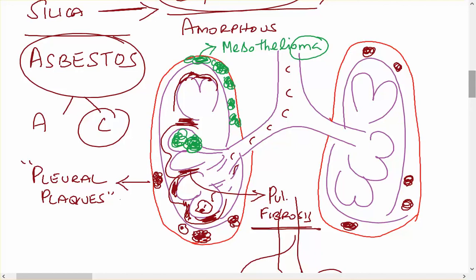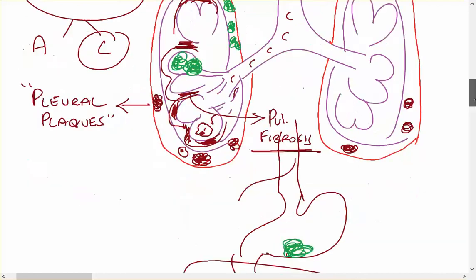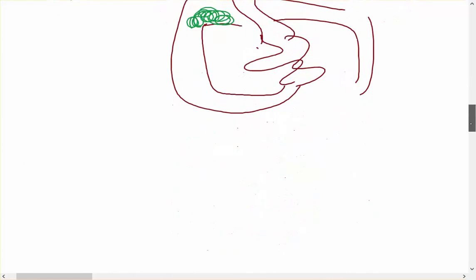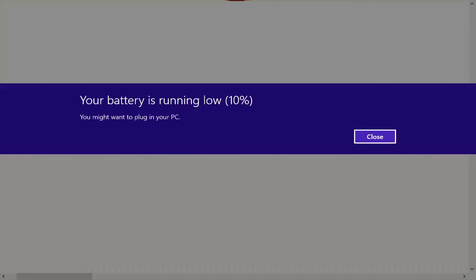So the effect an industrial particle produces depends upon the size of the particle and the solubility nature of the particle, and whether the person has another kind of problem like smoking.